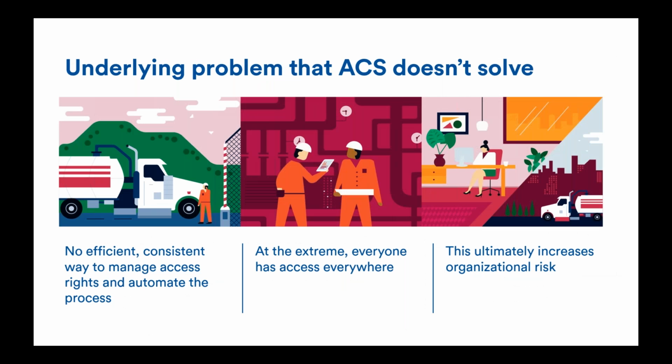Finding the right balance between restricting access, lowering risk, and ensuring convenience is a tough balance to strike because there's no efficient, consistent way to manage access rights and automate that process. Mergers and acquisitions in a business lead to growing interconnectivity, and when your business expands, your access control grows along with you.